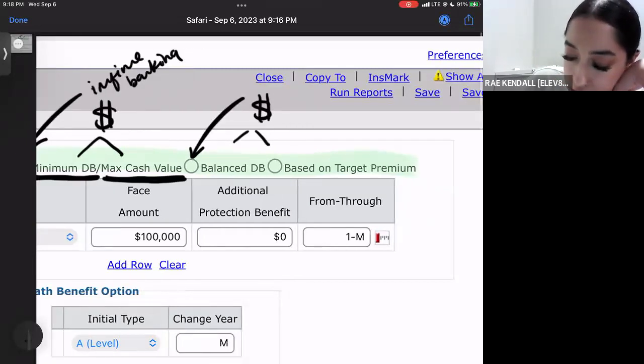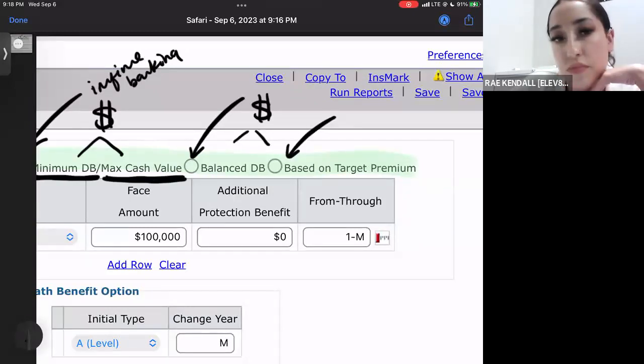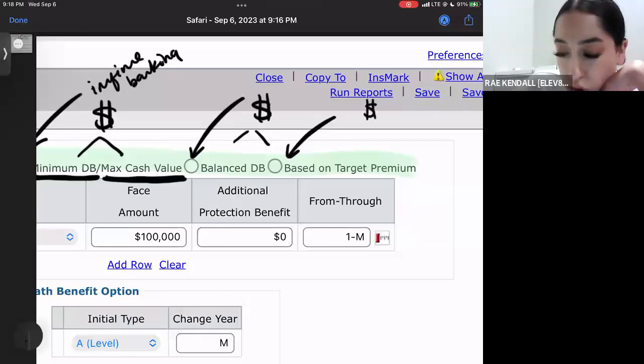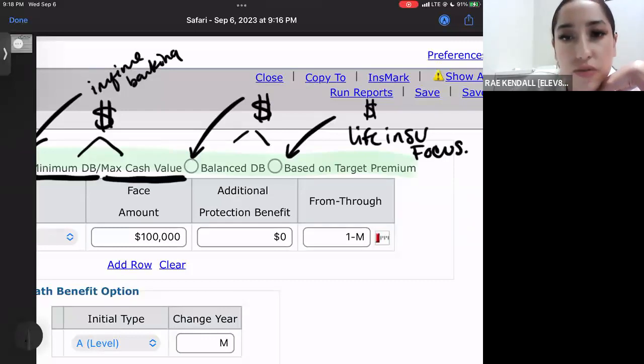Then based on target, who knows what this one is? Isn't your target premium what you want to put in for the whole year? Mm-hmm. Most of our money is going to a targeted premium. This is more life insurance focused. They want a little cash value. They don't really care if it's whole life or this or that. This one operates a lot like whole life. It's more life insurance focused.